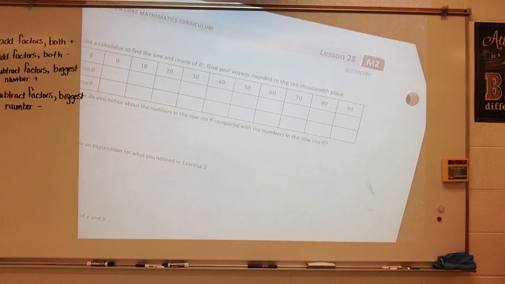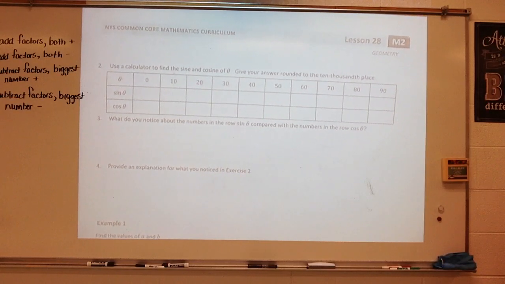We aren't going to spend a whole lot of time going through and me working these out on a calculator for you. So if you want to pause your video here, I'm just going to fill in the chart, and you can do this as you go.